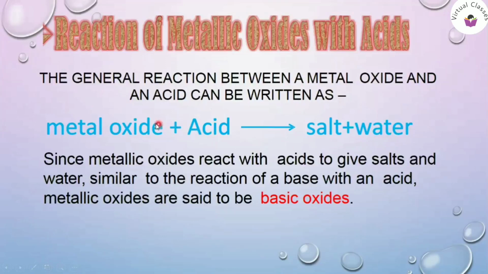Since metal oxides react in a similar manner as a base with acid to give salt and water, we can infer that metal oxides are basic in nature. Hence, metallic oxides are said to be basic oxides.